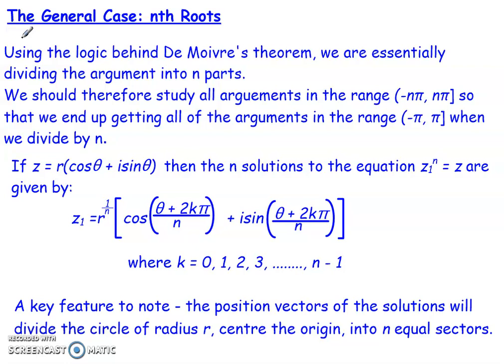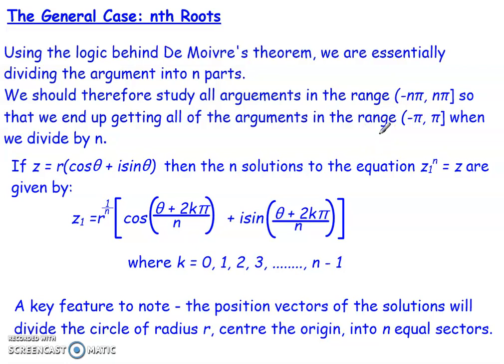So that previous one, z squared, we'd be dividing it into 2 parts. We want 2 solutions. What we're going to do is start by extending the range of our arguments from negative n pi to n pi. Doing this allows me to expand it and get all the solutions in that extended range, and then simplify it down to get my range from negative pi to pi for the argument of my final solution when we divide through by n.